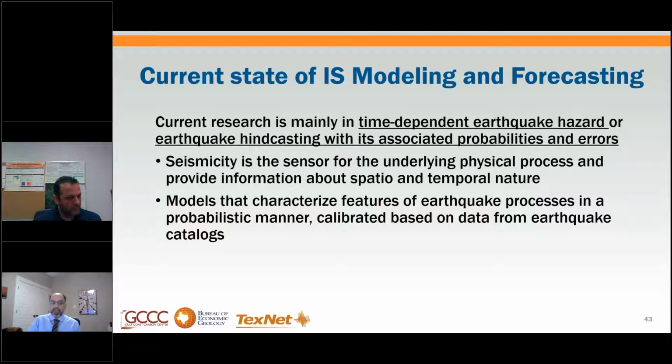You should think of the seismicity as, let's say, the sensor for the underlying physical process, providing the information and the spatial and temporal nature of any physical process that is happening inside the Earth, subsurface. The models that characterize the features of the earthquake process are mostly probabilistic models, and they need to be calibrated based on data from earthquake catalogs. Next slide.